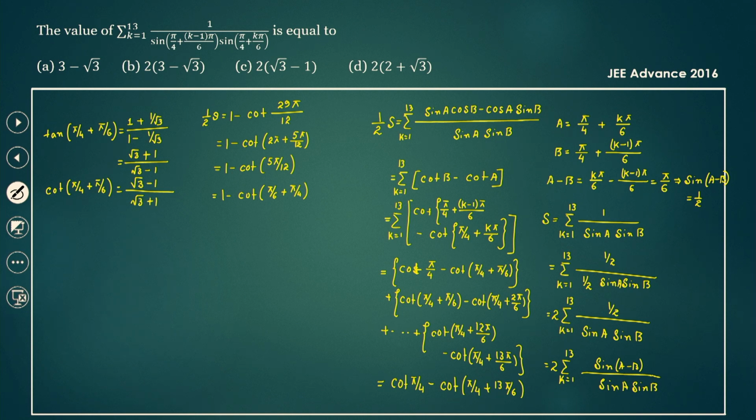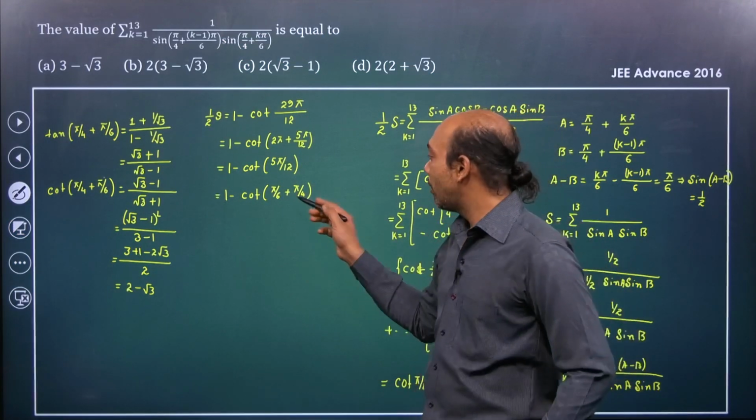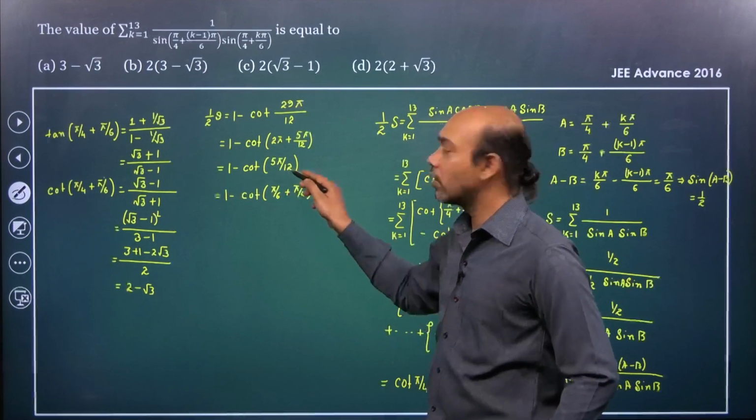So we multiply both sides by root 3 minus 1. So root 3 minus 1 whole square divided by 3 minus 1. That gives you 3 plus 1 minus 2 root 3 divided by 2. That gives you 2 minus root 3. That's it. So now we are able to calculate cot of pi by 6 plus pi by 4, or cot pi by 12.